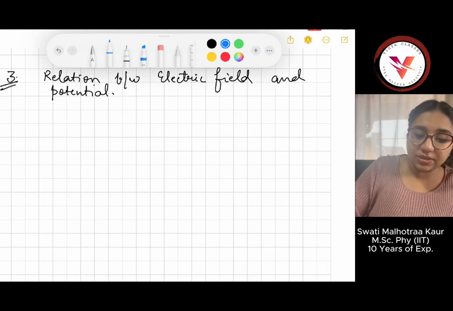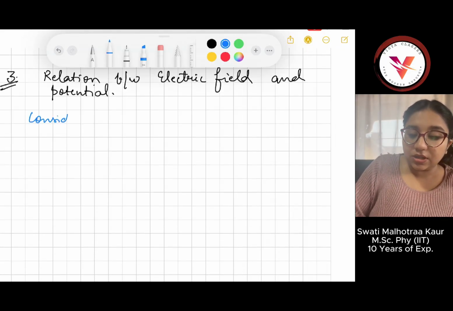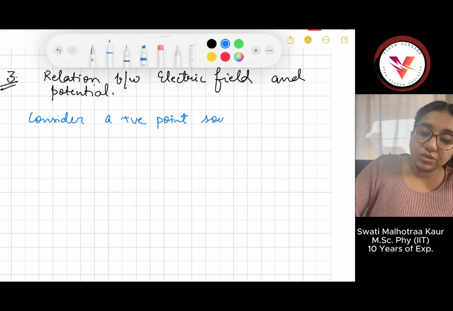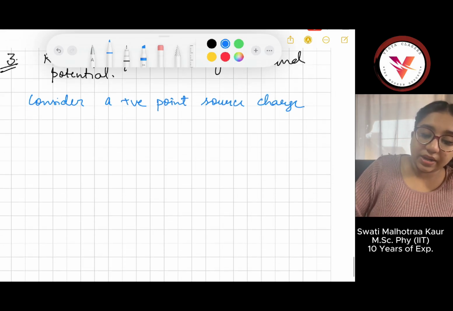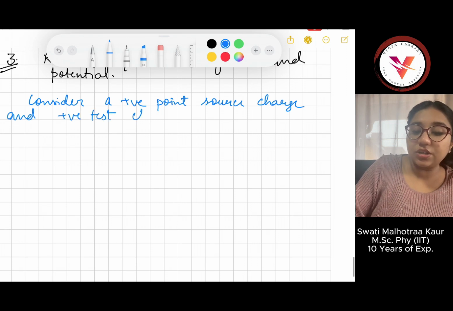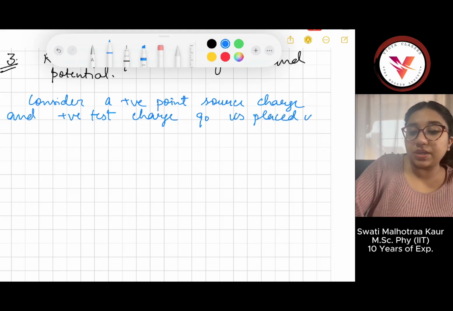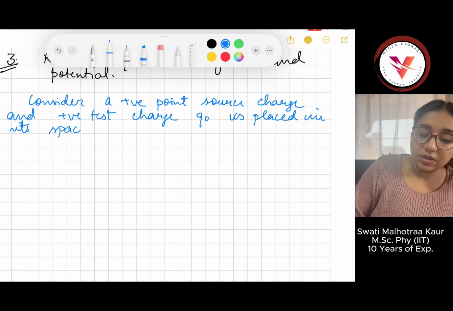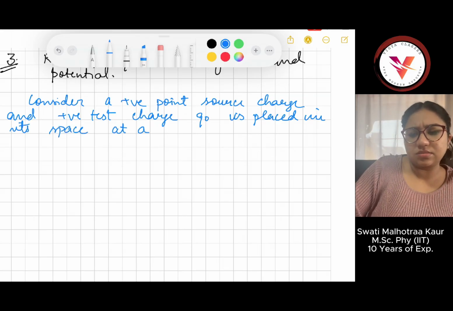So consider again a positive point source charge, and a positive test charge Q naught placed in its space at a distance x.